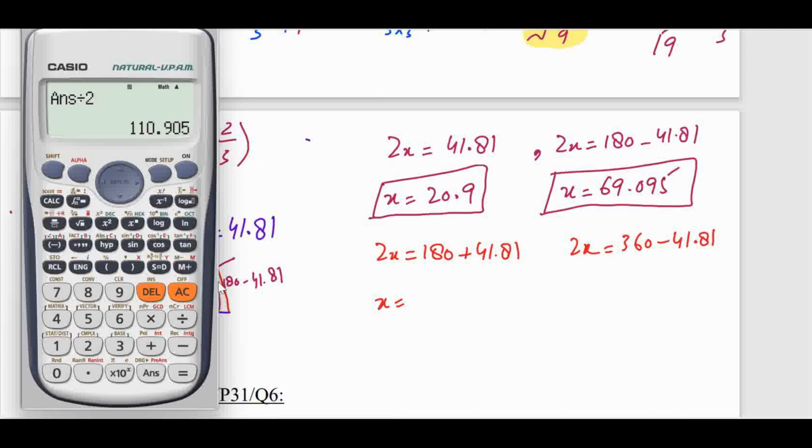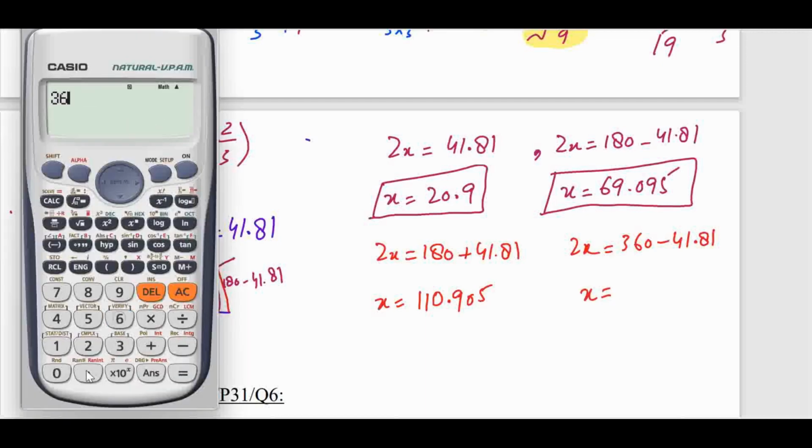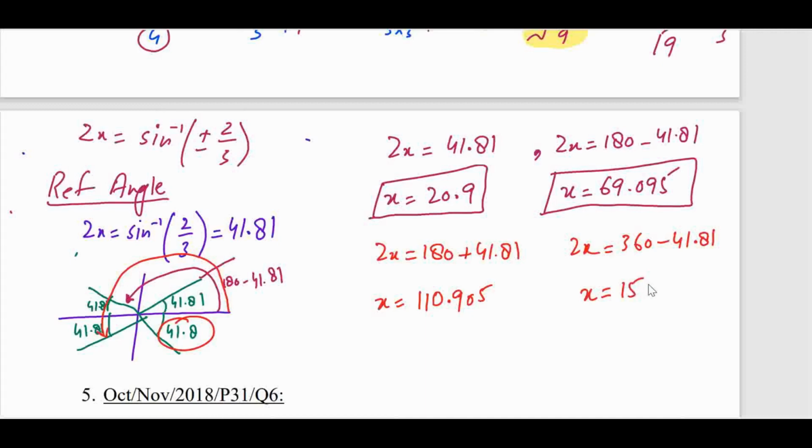So this will be equal to 110.905, and from here 360 minus 41.81 divided by 2. So this will be equal to 159.095. So from here we can see all these values lie within the range.